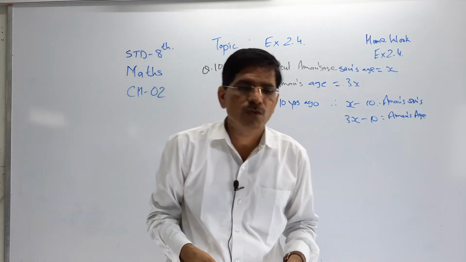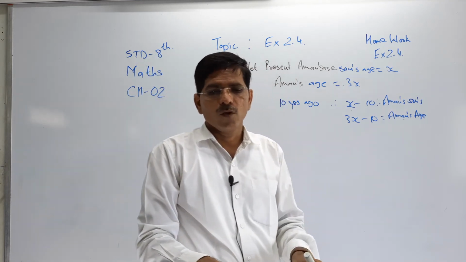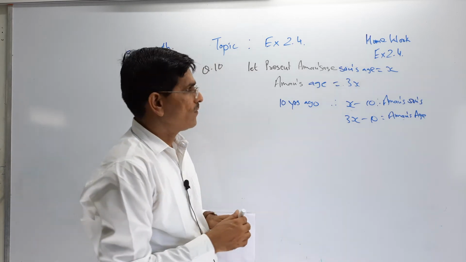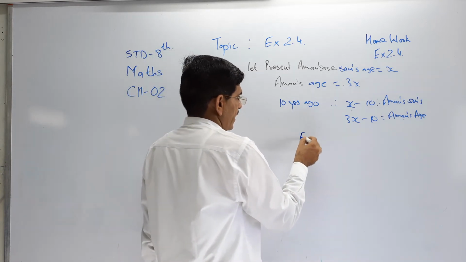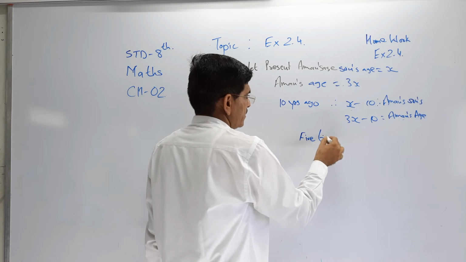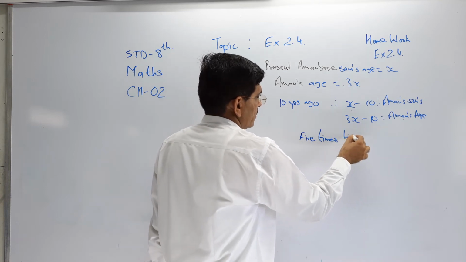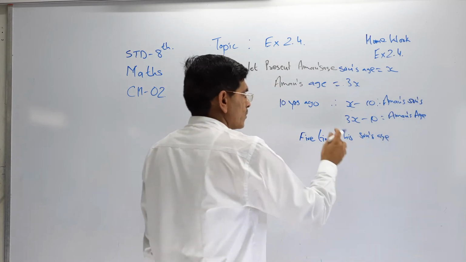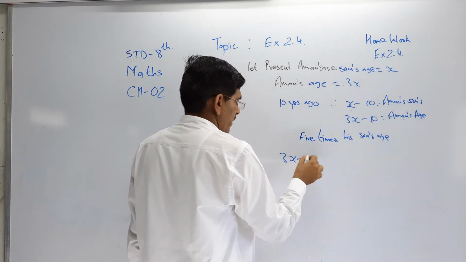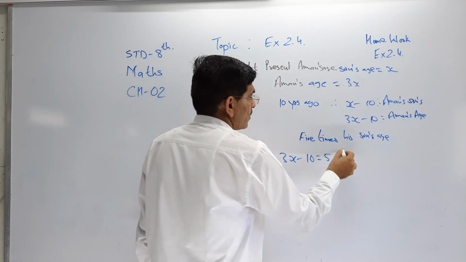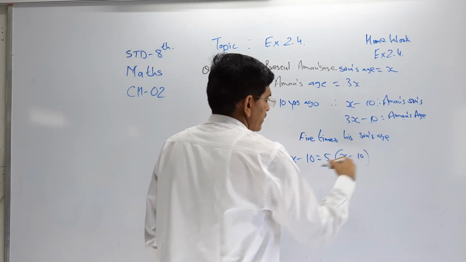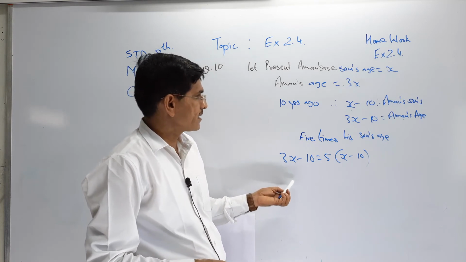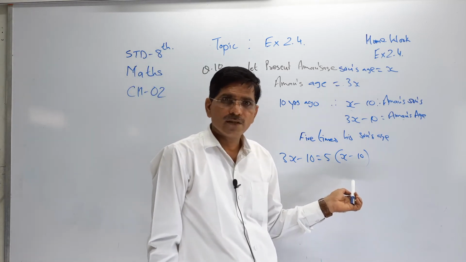Now what is the relation? 10 years ago he was 5 times his son's age. So 3x minus 10 is equal to 5 times (x minus 10). Here the father is Aman, and here is the son.